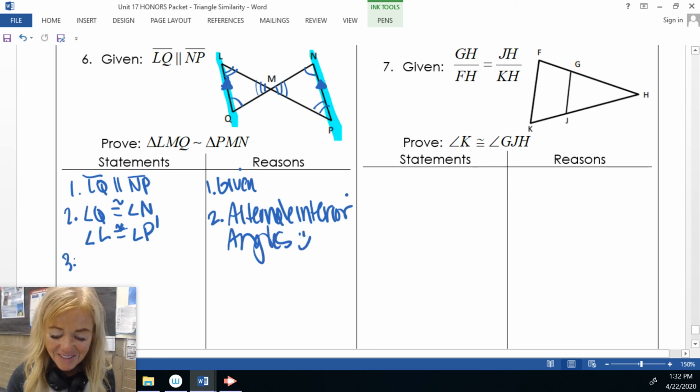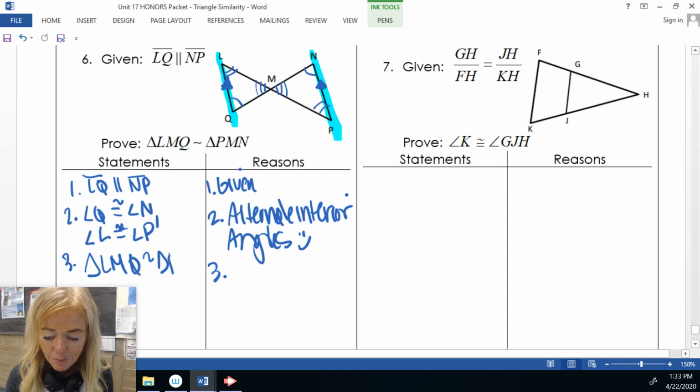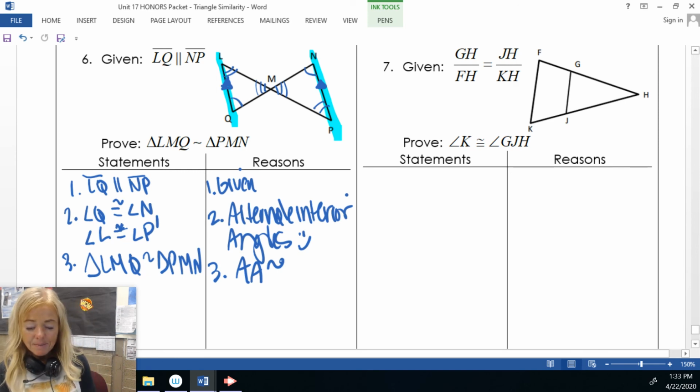Having a hard time writing on this. All right, and because I have two sets of congruent angles, triangle LMQ is similar to triangle PMN by angle-angle similarity.